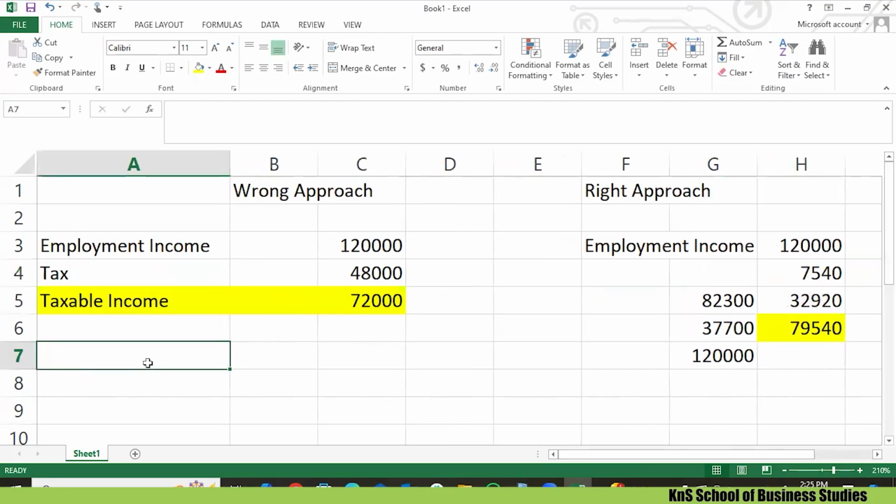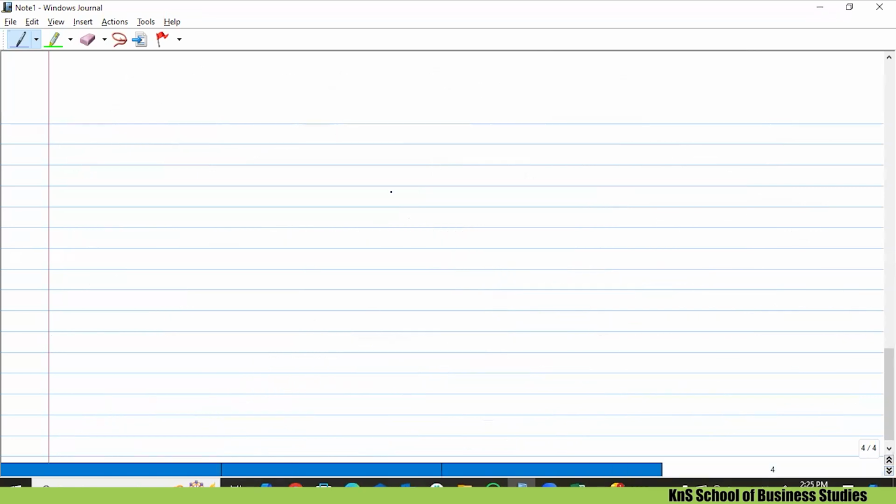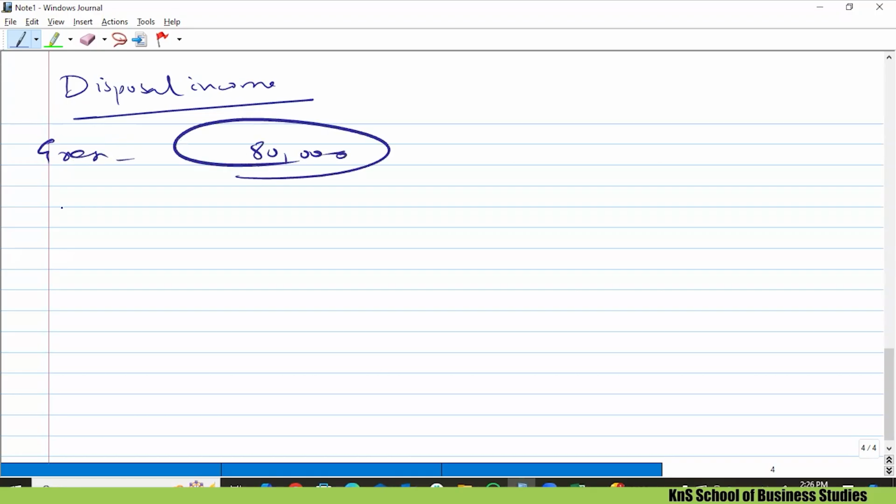So this is actually the direct tax, because when an employee gets the salary, they do not get the gross, they always get the net, which is called disposable income. Always remember this if you have done any job, or when you will be doing one in future. When your gross income is, let's say, 80,000, you are never going to get 80,000 into your pocket.